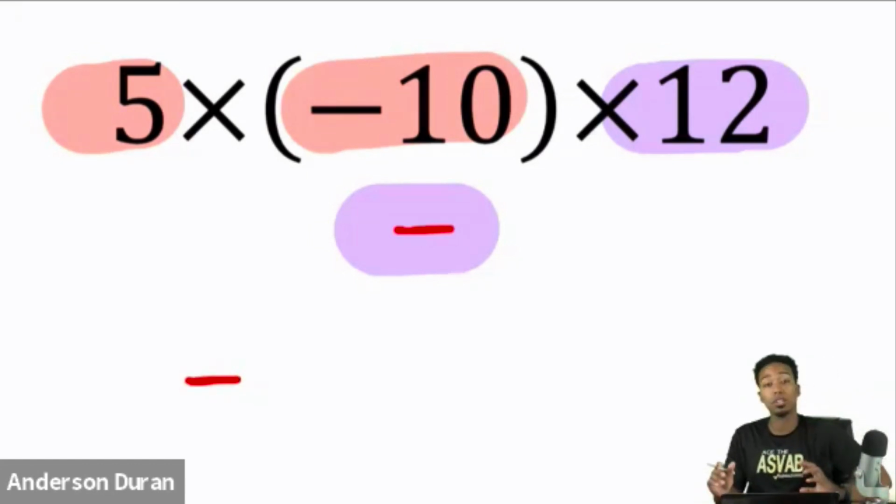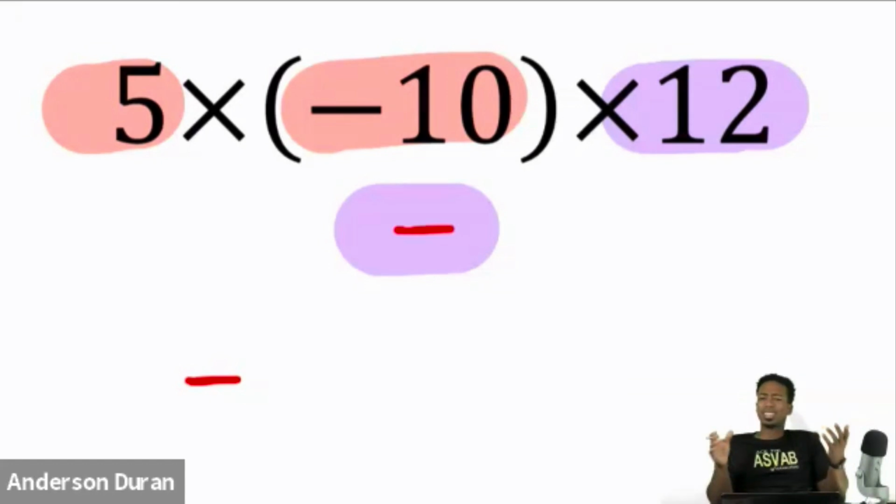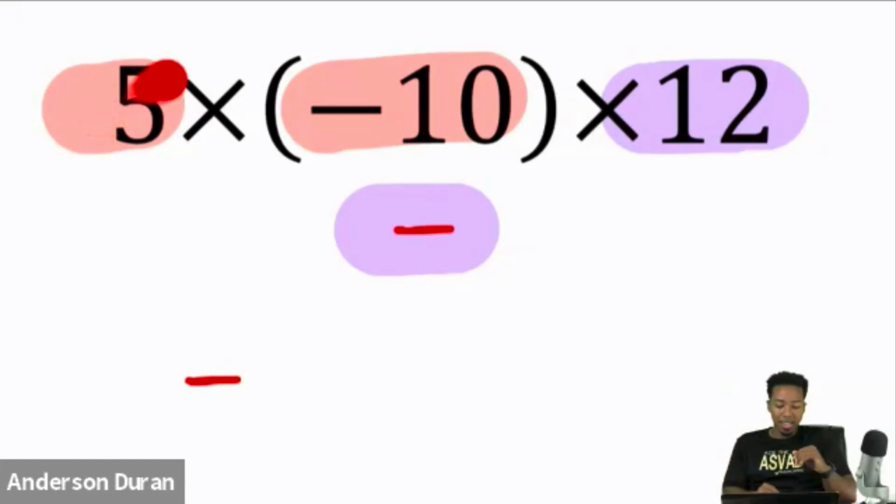I first looked at this complicated problem and said, I got to take care of the signs and I got to take care of the numbers. Let's take care of the signs first. A positive and a negative, opposites, I stay negative. So I have a negative times a positive, still going to stay negative. Yes or no, everybody? Did that make sense? Again, just starting off with the signs. Positive, negative, that's negative. Negative times a positive, negative.